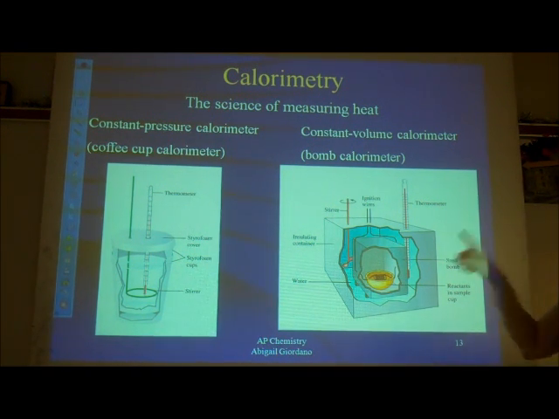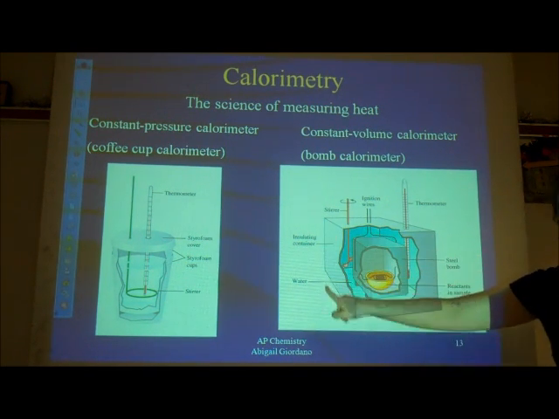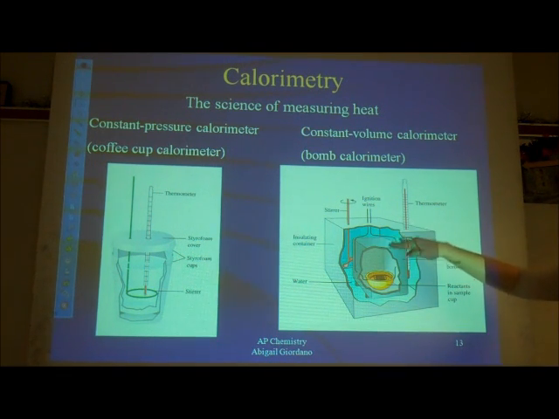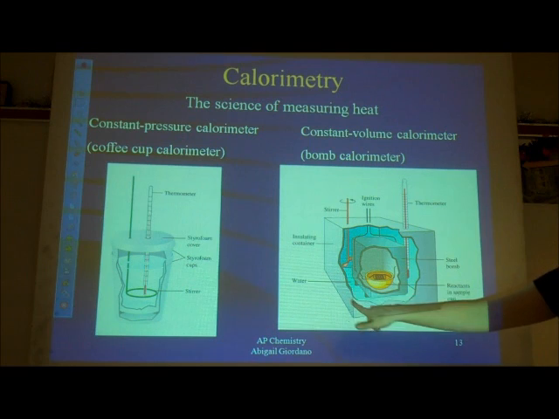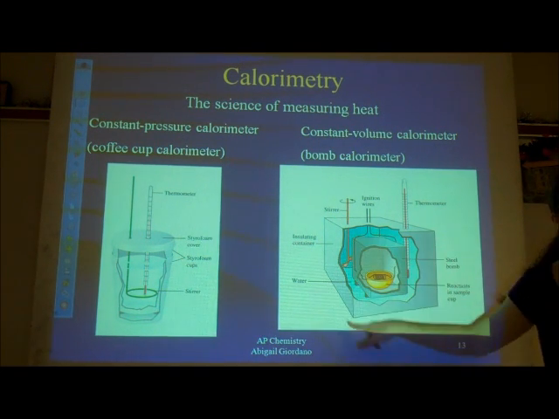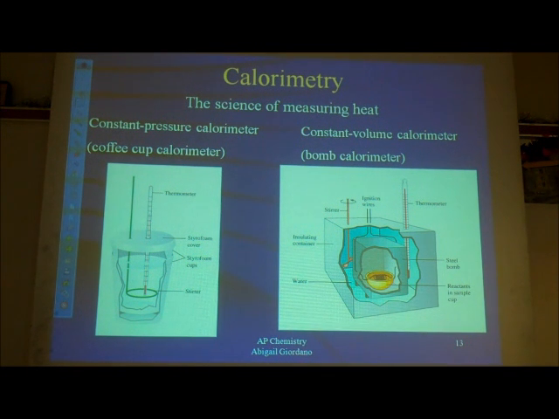The exterior chamber is usually made of something like concrete. And in between those two chambers is flowing water. Not just water that's sitting still. There's a little fan here that keeps that water moving.